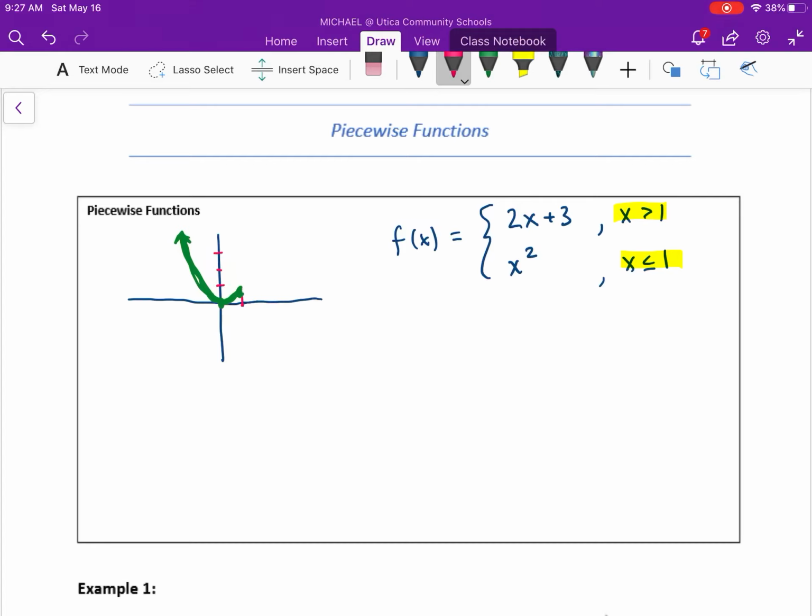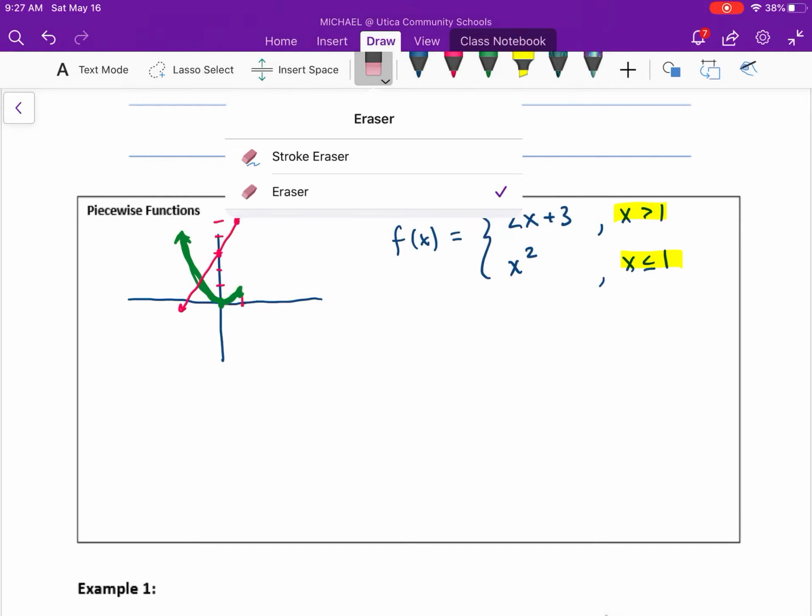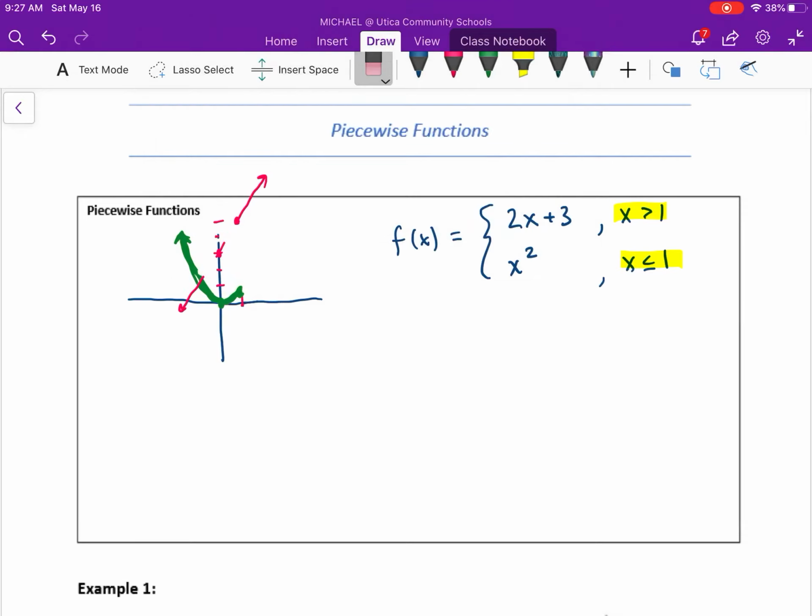So again, if you wanted to graph that entire thing, that has a y-intercept of 3 and a slope of 2. So up 2 over 1. But then again, you're going to want to get rid of the parts that are less than that.